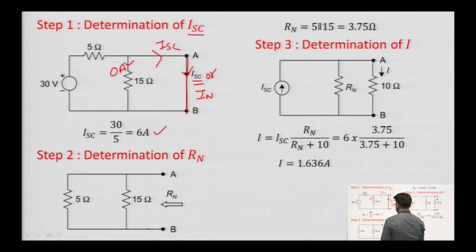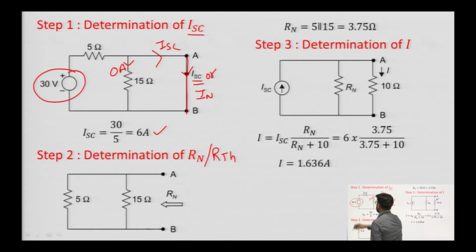Now, we will find Rn. The procedure to find Rn is the same as the Thevenin method. It is also known as RTH. To find Rn or RTH, we replace all the independent energy sources by their internal resistance. We have one independent source here, 30 volt, so we replace it with a short circuit.